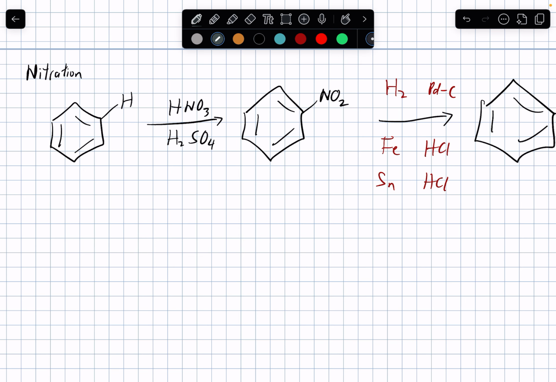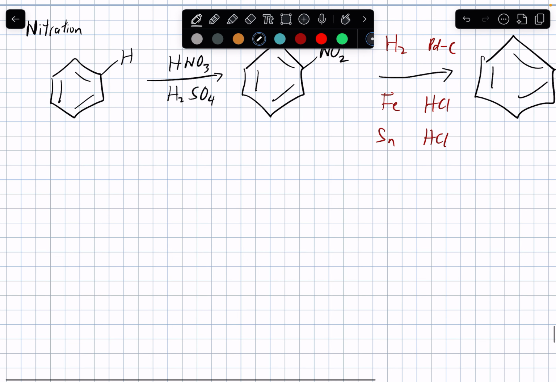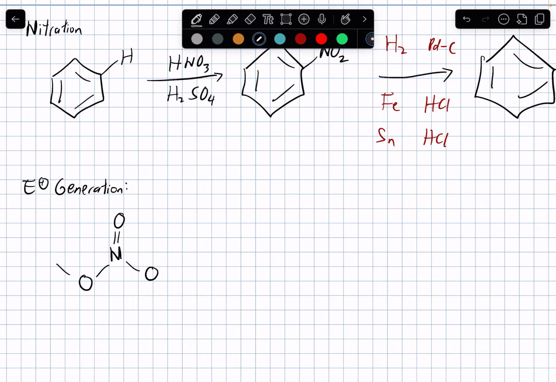Okay, so let's start first with the electrophile generation. Let's talk about the HNO3. How do we write HNO3? That's how we draw it, okay? Nothing except that way, no other way.